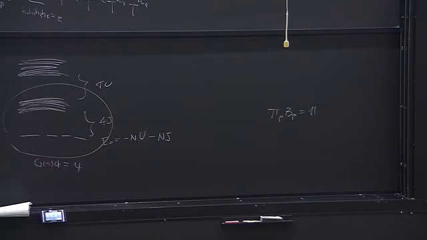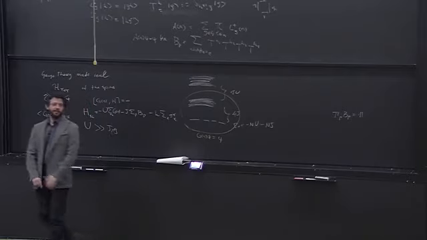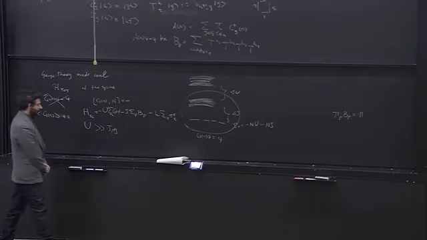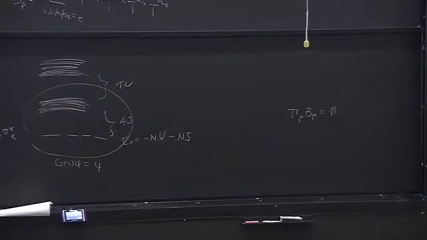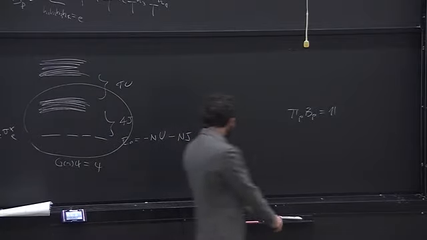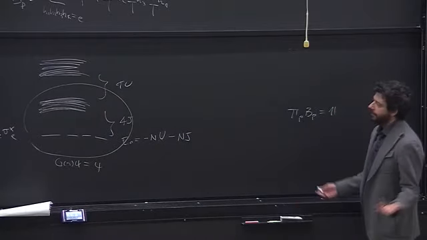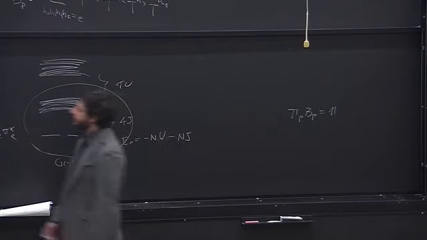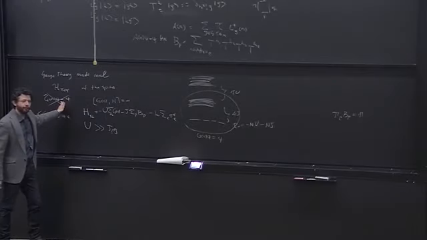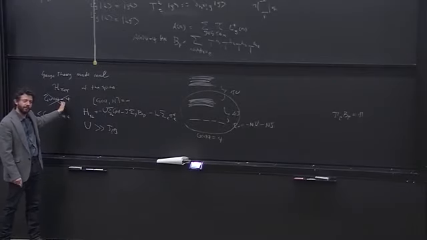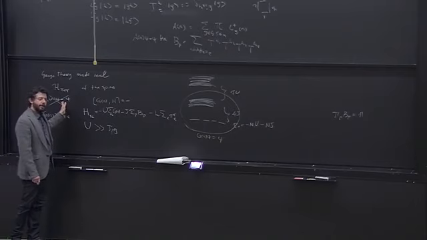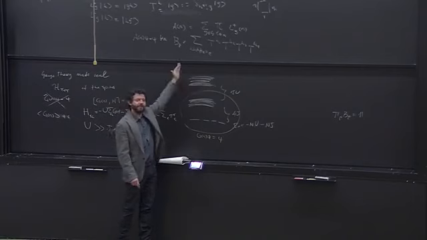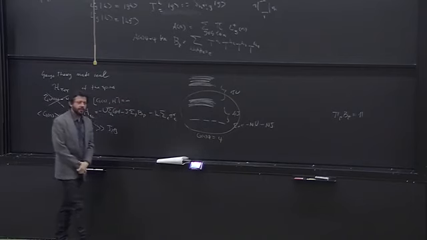Otherwise, I would pay energy U. So the effective Hilbert space of the low energy theory is the gauge invariant Hilbert space. So you see, we are not constraining it by an act of God that says, oh, the states must obey this constraint because they are identical. It's not a gauge structure. It's an energy constraint. We just found a way to gap away the states that are not gauge invariant.